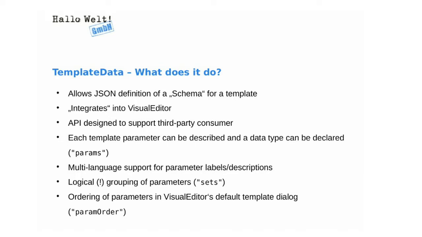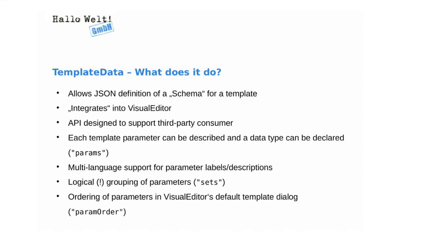Now, to improve that a little bit, people invented template data. Template data allows you to specify which parameters are in a template and give some more information on each of these parameters. How does it work?